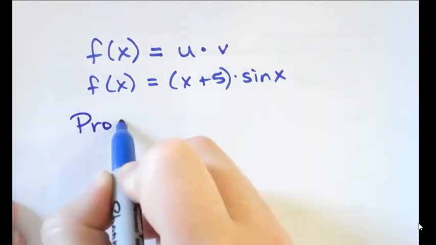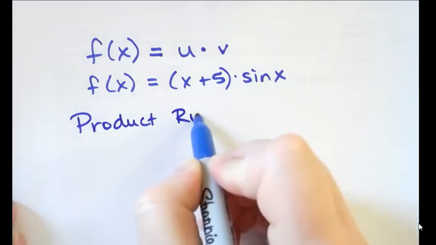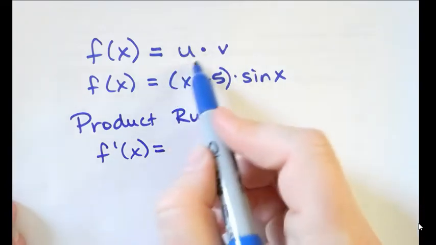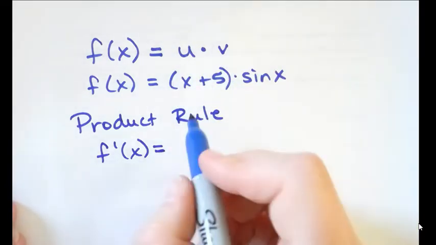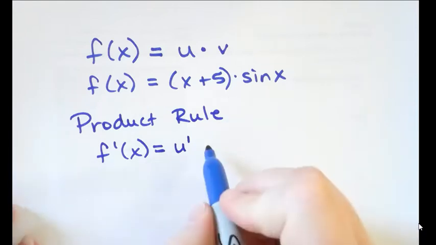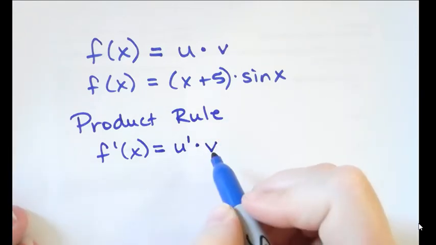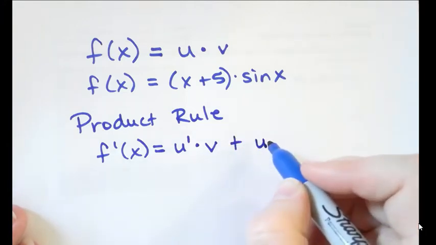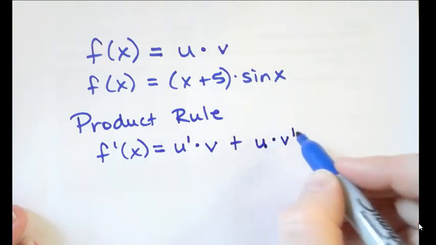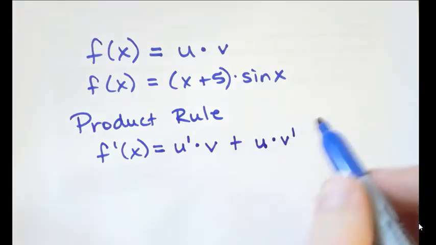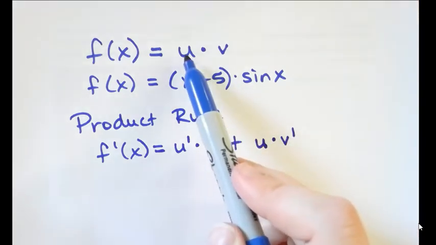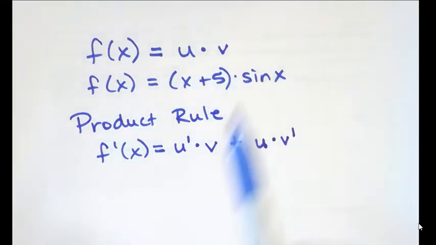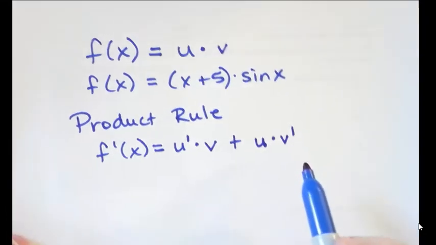So the product rule for derivatives is to take the derivative of the first function, so we'll call that u prime, times the second function, plus the first function times the derivative of the second. Notice you can't take just the derivative of the first function and multiply it by the derivative of the second function. You have to use the product rule here.